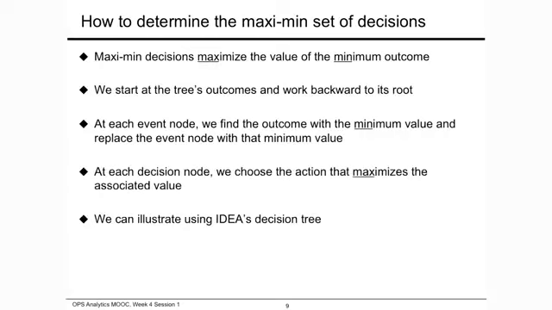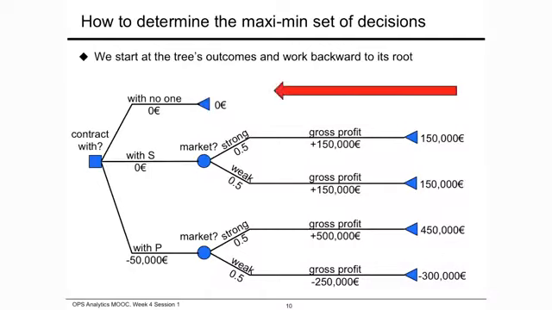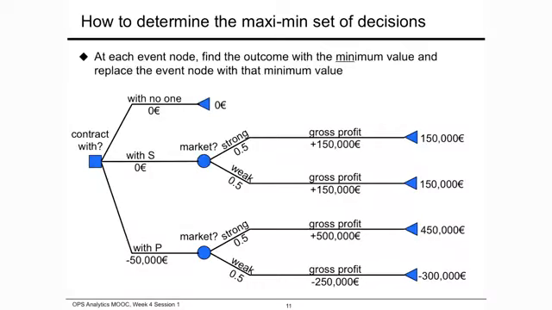Here's the decision tree. And remember, we're going to start at the tree's outcomes and work backwards towards its root. If we look at the outcomes and start working backwards, we can see the first set of things we hit are event nodes. Remember, at each event node, we want to find the outcome with the minimum value. We want to see how bad things can get.